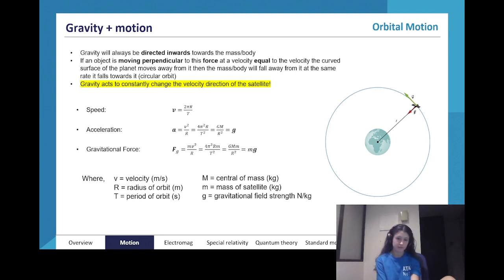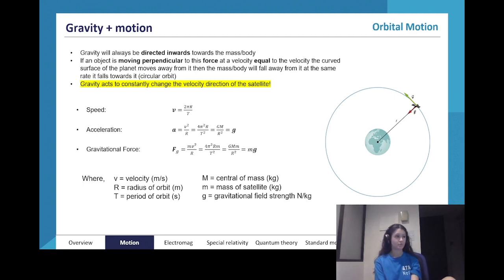As we can see here, when we're talking about orbits, gravity is always going to be directed inwards towards the massive body, because remember we are talking about circular motion in a sense, or the orbital motion.